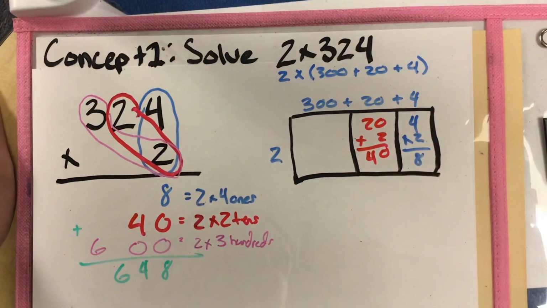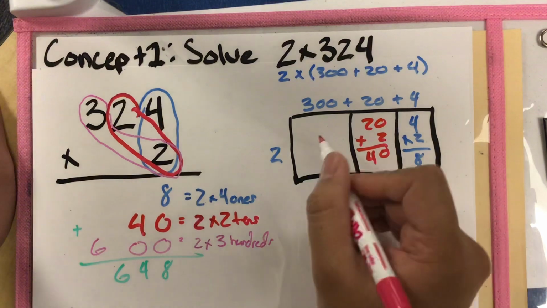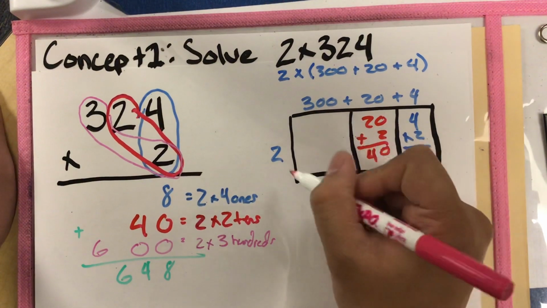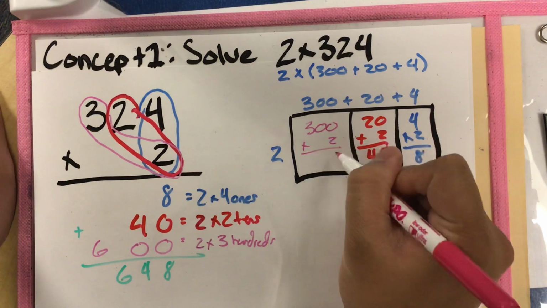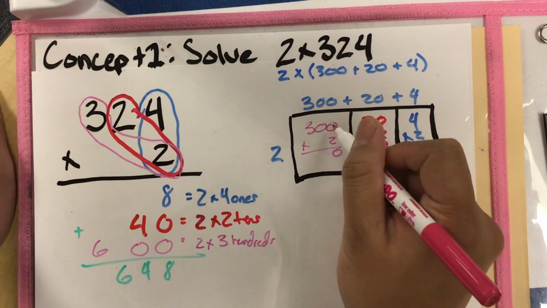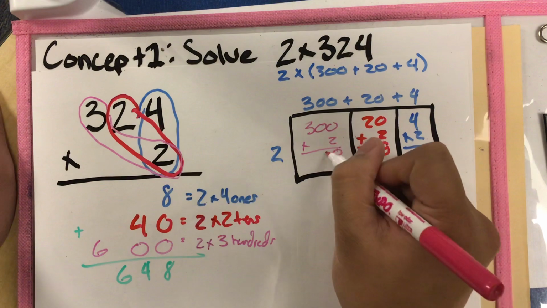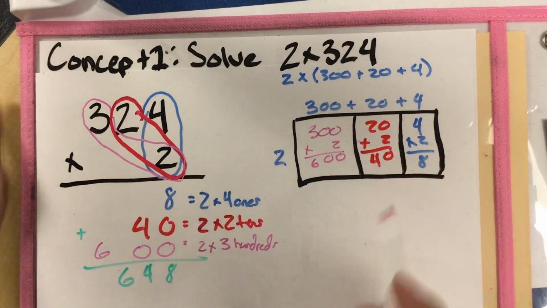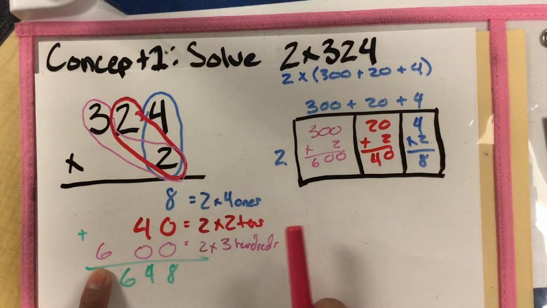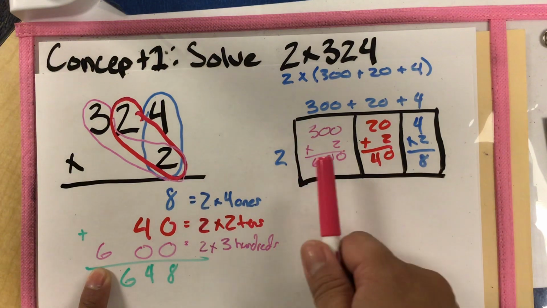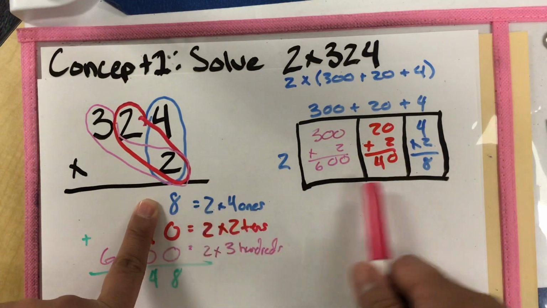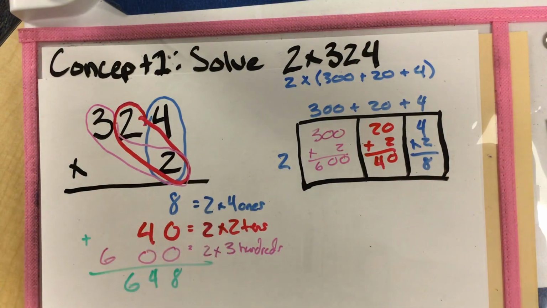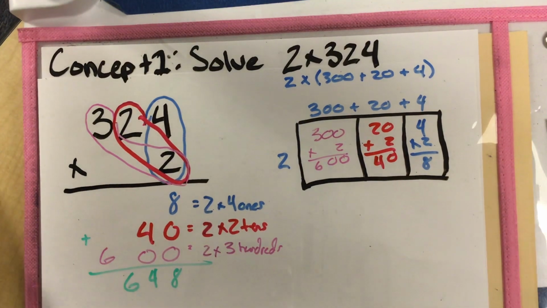So that's 40. And over here, we have 300 times 2. 2 times 0 is 0, 2 times 0 is 0, 2 times 3 is 6. So notice how here we have 600, 40, and 8, matching what we found before.